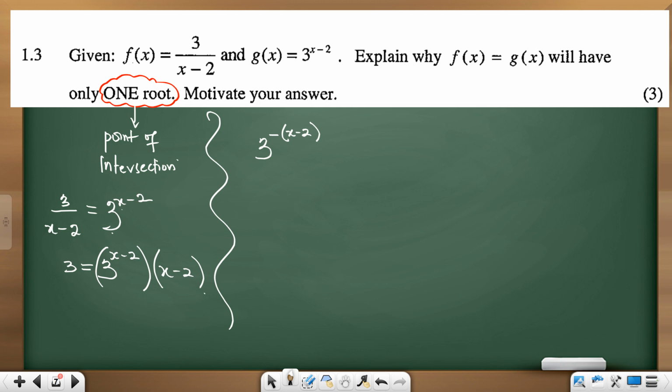Let me interpret what this means to you. Let's go back to laws of exponents, because I want us to see what we would have done in an exam. If I write 3 to the power negative x, it means 1 over 3 to the power x. So they are not the same. So if I were to change this, it means 1 over 3 to the power x minus 2.